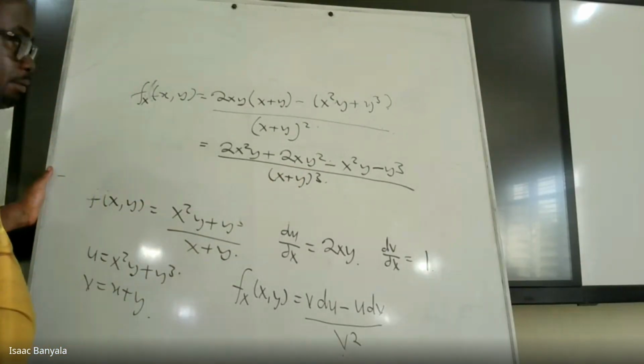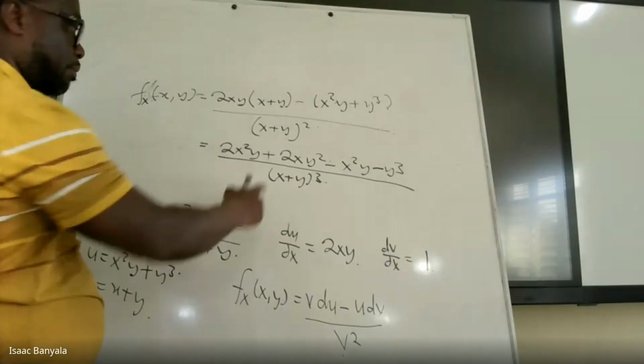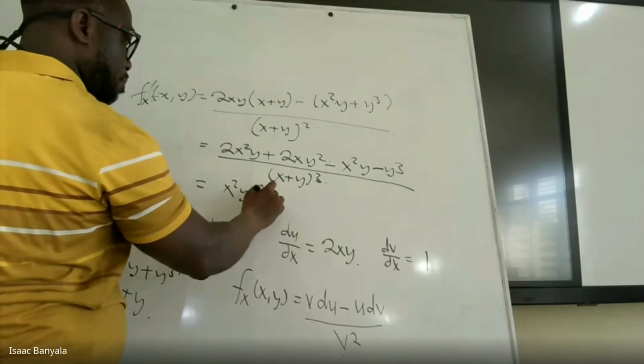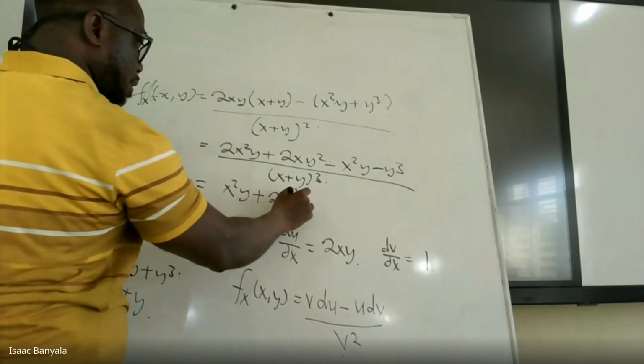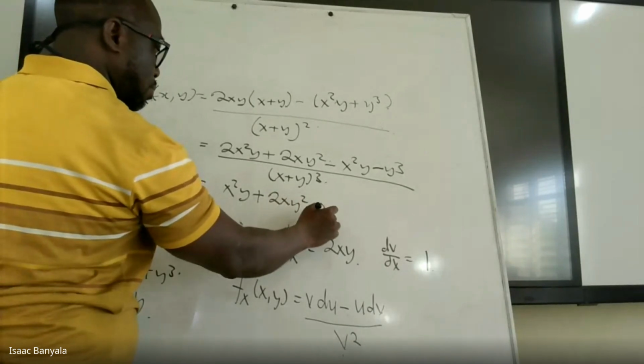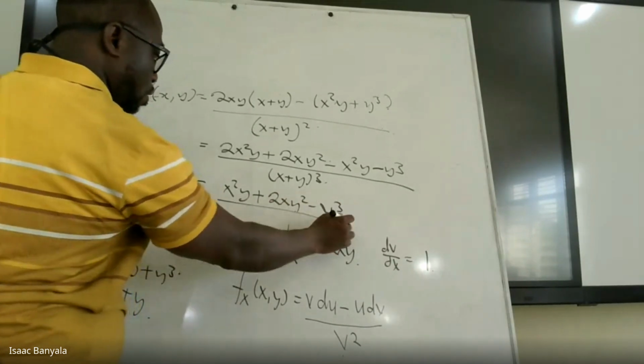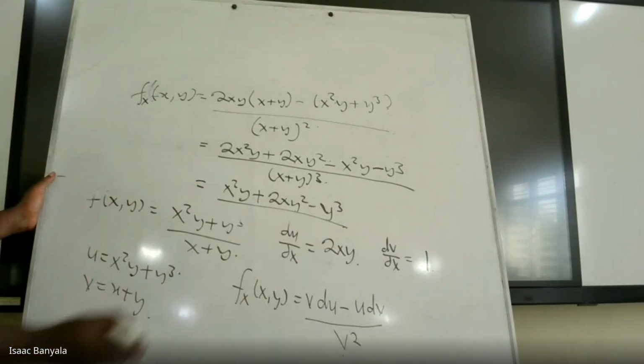Can we break it down? Yes. 2x squared y and then minus x squared y, then we go to y plus 2xy squared minus y cubed, all over x plus y all squared.